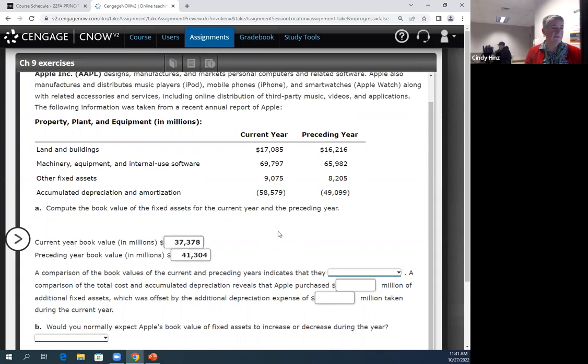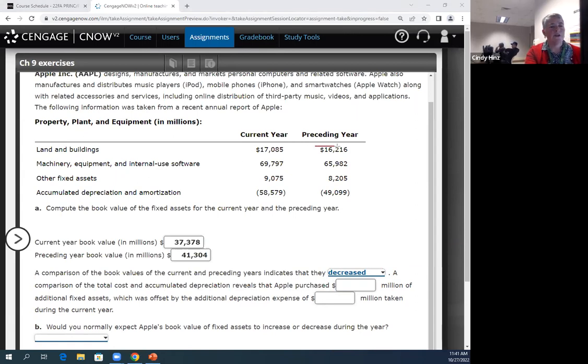So a comparison of the book values of the current and preceding years indicates that they decreased, right? Went from 41 down to 37. A comparison of the total cost and accumulated depreciation reveals that Apple purchased. So how much did they purchase? Well, let me box these here.